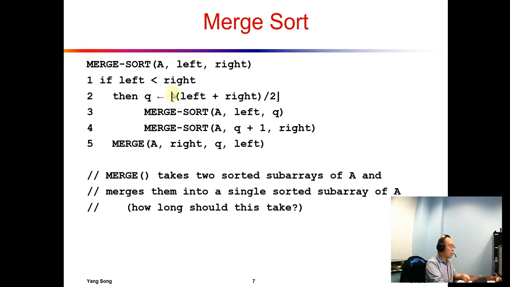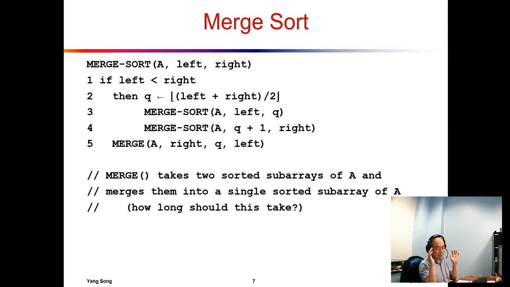This looks like a square bracket, but it means floor division, so we divide and then go by the lower value. After that, we have two recursive calls: merge sort on the same list with the boundary from left to q, which is the middle value, and another merge sort from q plus 1 to right, which is the upper half.